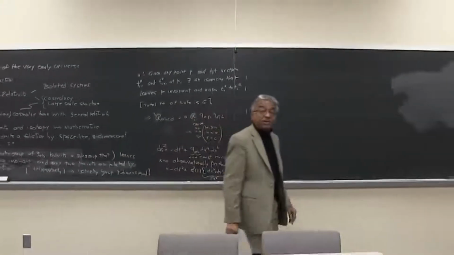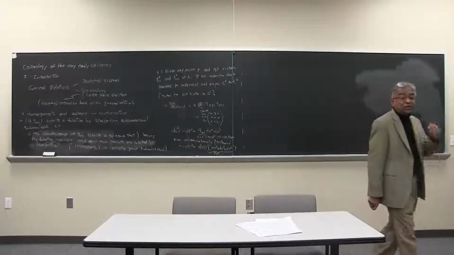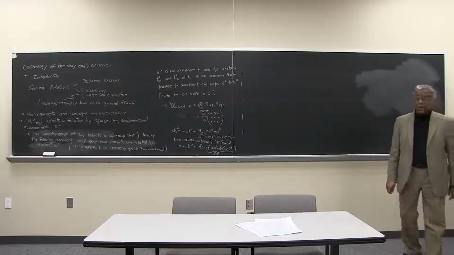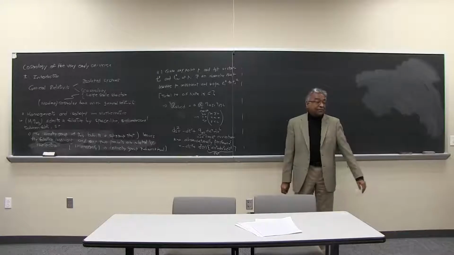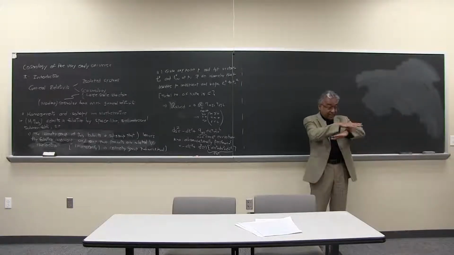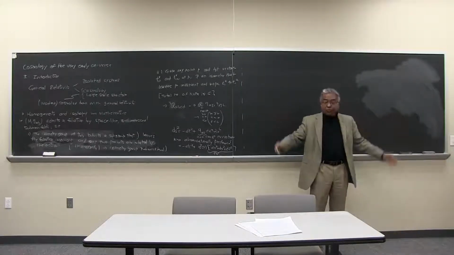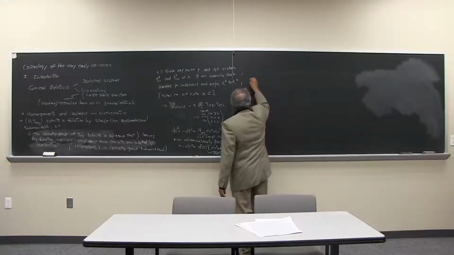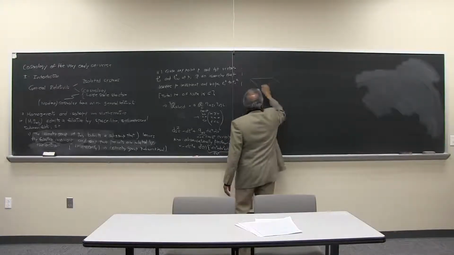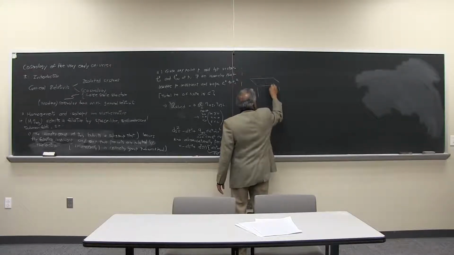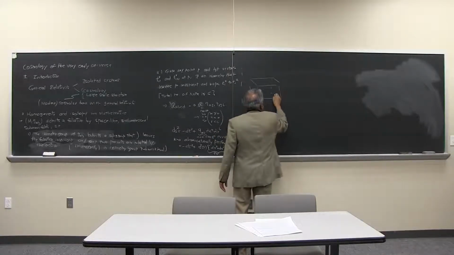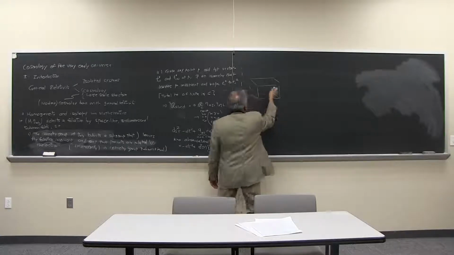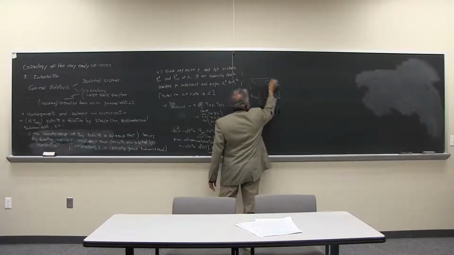Now, even in the case of a spatially flat metric, the topology is not obvious, right? Because it could be that in the case of the spatially flat metric, we could have just R3 topology, or I could take a cube and just identify the opposite faces.